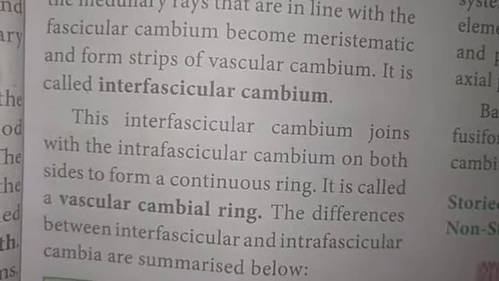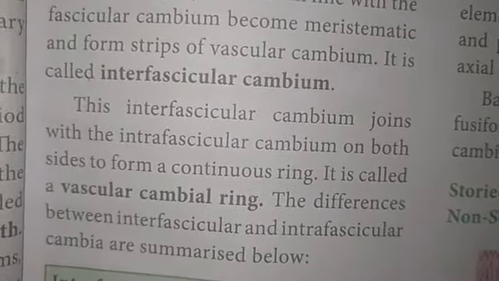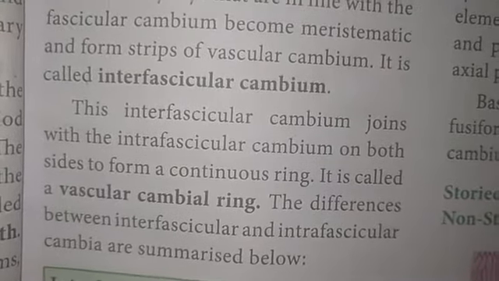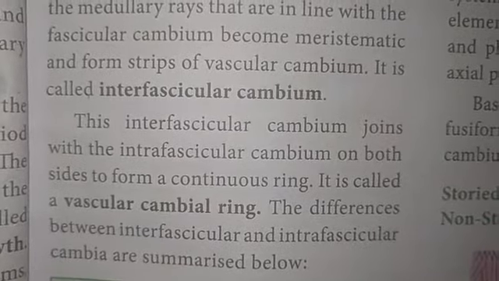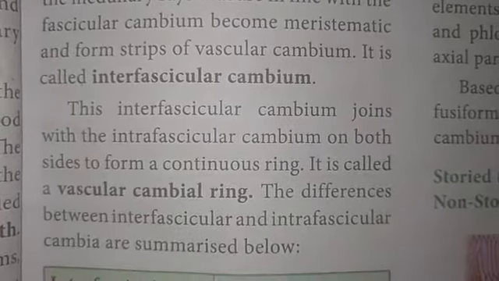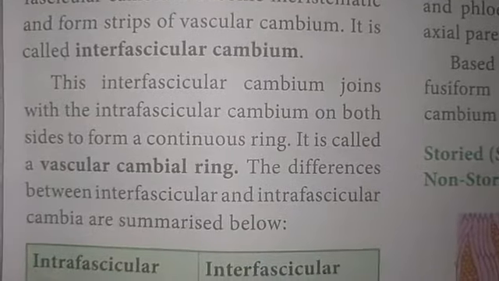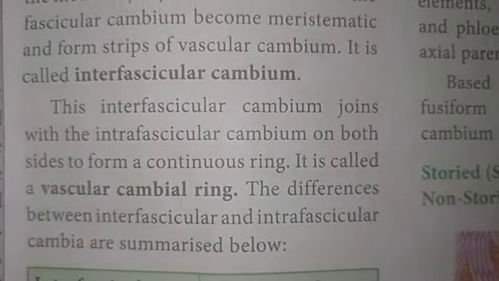Meristematic means having the ability to divide more cells and form a strip of vascular cambium. It is called the interfascicular cambium. This interfascicular cambium joins with the fascicular cambium on both sides to form a continuous ring, called the vascular cambial ring.